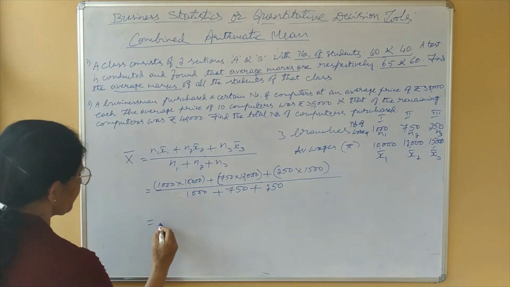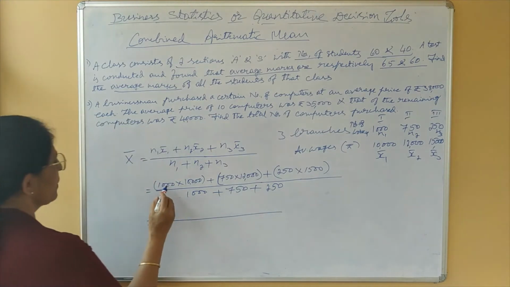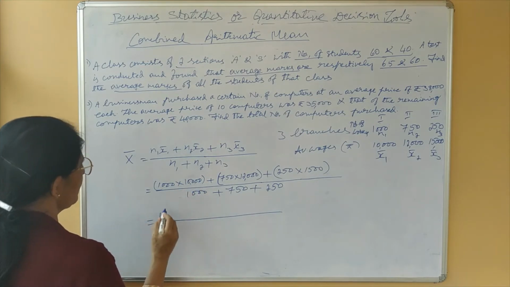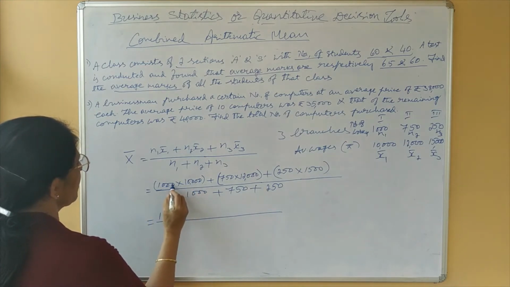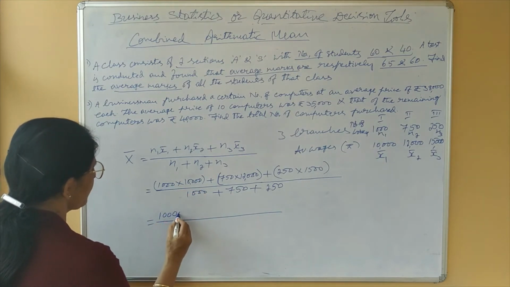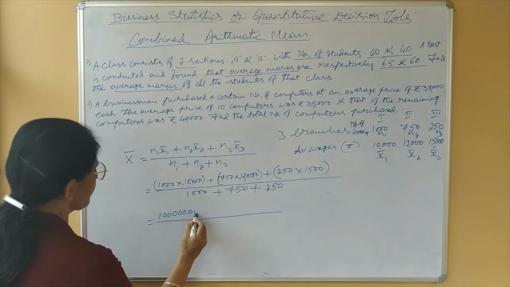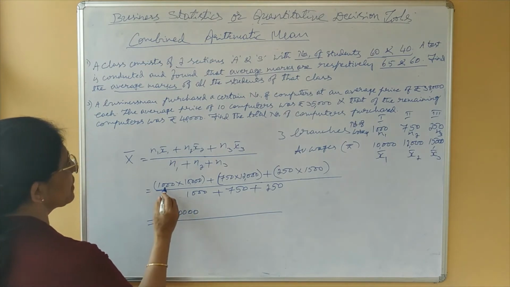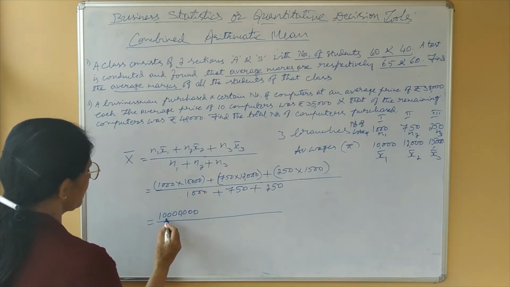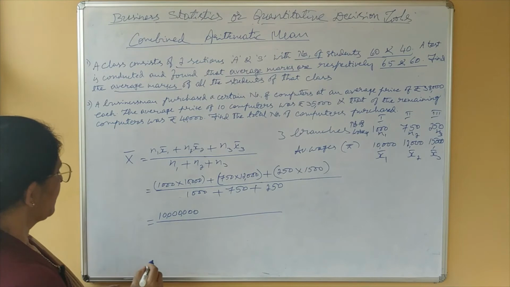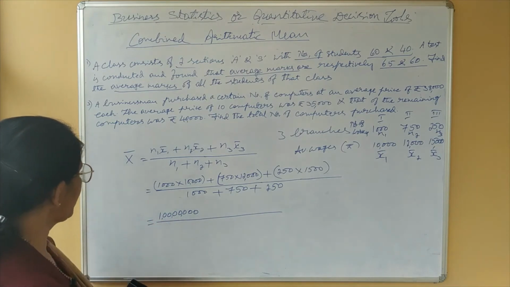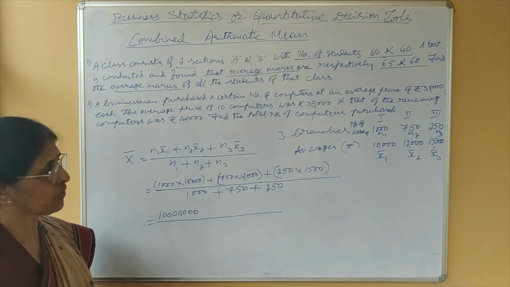Now 1000 into 10,000. Take 1; how many zeros are there? 3 plus 4, take 7 zeros. So it is 1 crore.